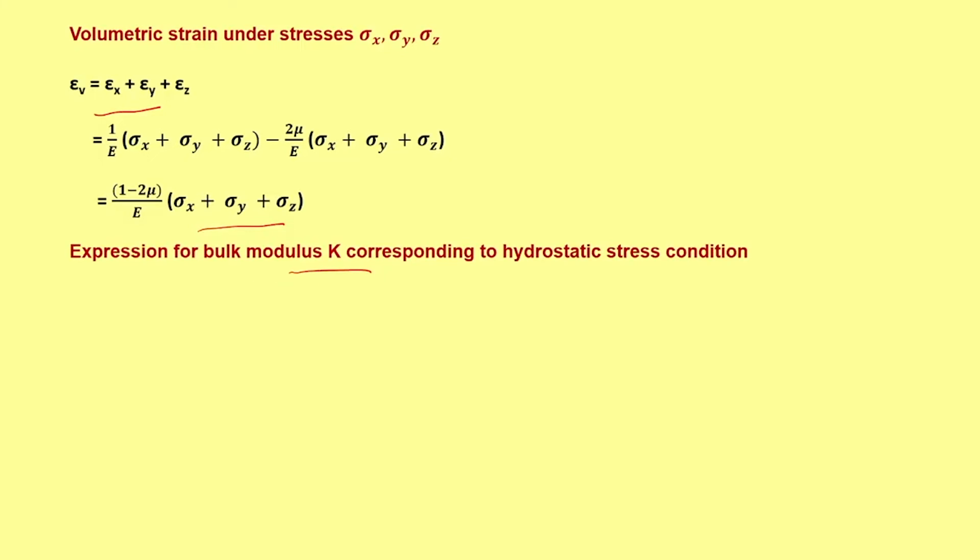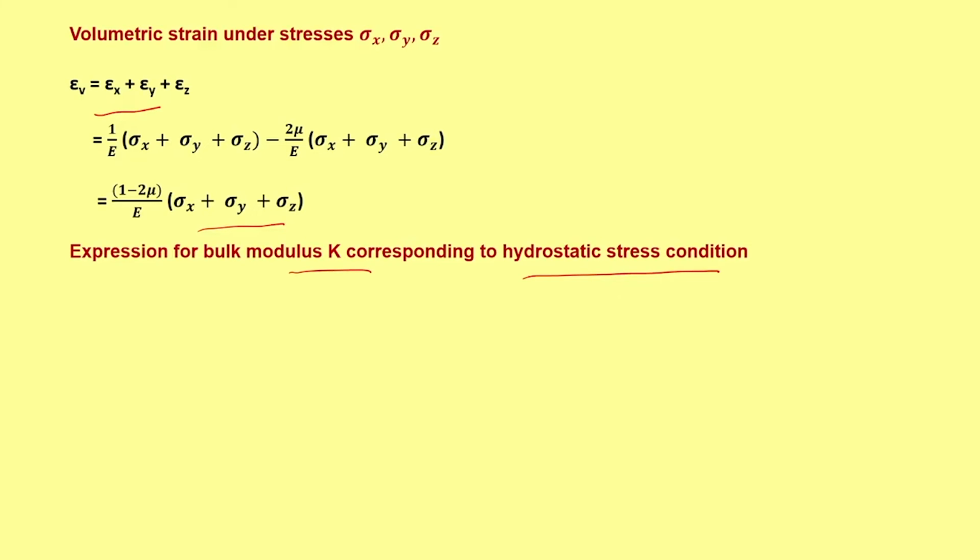Whatever be, all these terminologies and parameters should be familiar. The expression for bulk modulus corresponding to hydrostatic stress condition, which we already know, is just to have a discussion in terms of whatever we have learned till now.